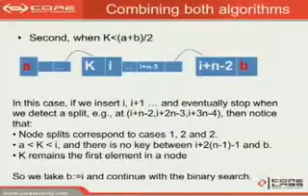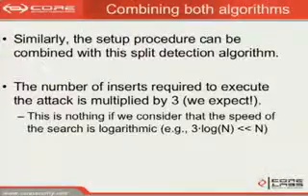Simply taking b equal to I will suffice to continue with the binary search algorithm. So similarly, this split detection algorithm combines with the setup. I didn't describe the setup algorithm, but let it suffice that they can combine.